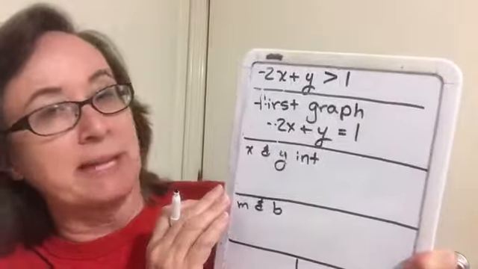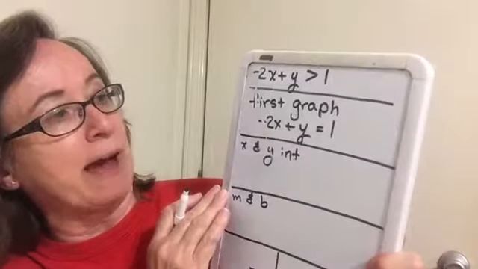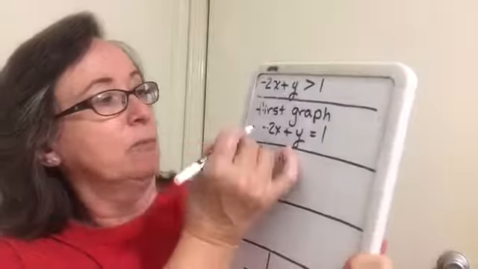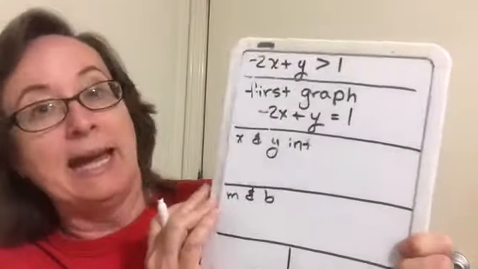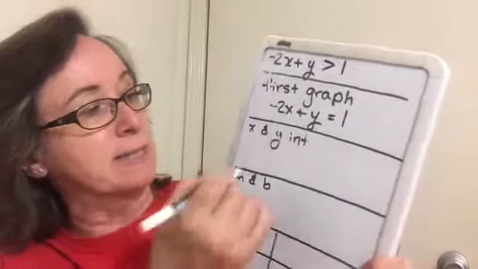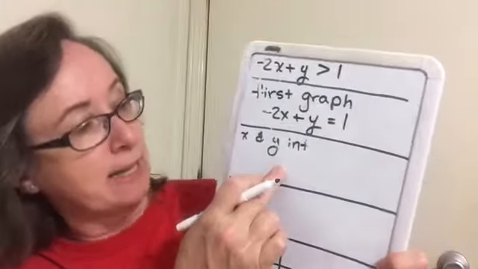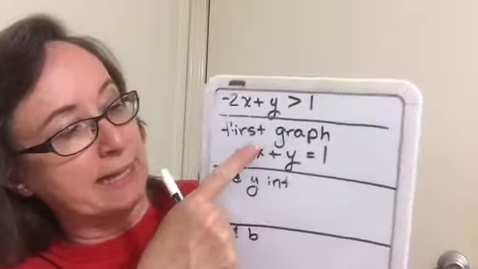Negative 2x plus y is greater than 1. So first I'm going to graph the associated line, which is negative 2x plus y equals 1. And I'm going to do it both ways so that you become familiar with both of these methods. So first we're going to find the x and the y-intercept. Okay, to find the y-intercept, I let x be 0.